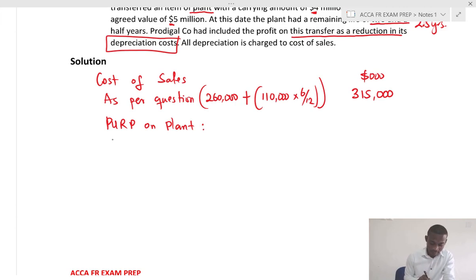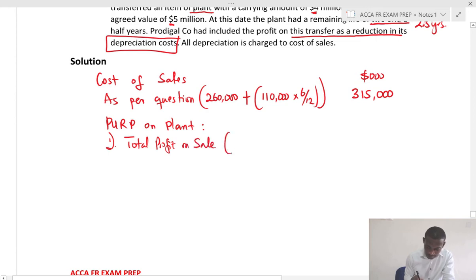The first one is to find the total profit on sale, and that should be the 4 million from the 5 million. So this is 5 minus 4, and that should be 1,000.